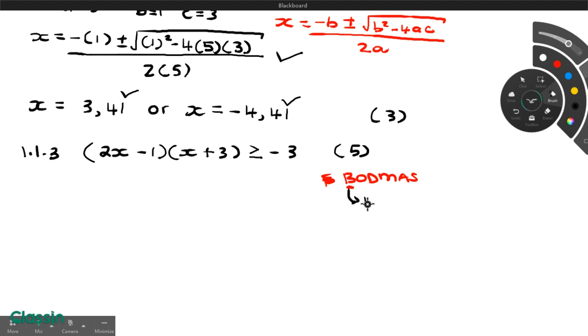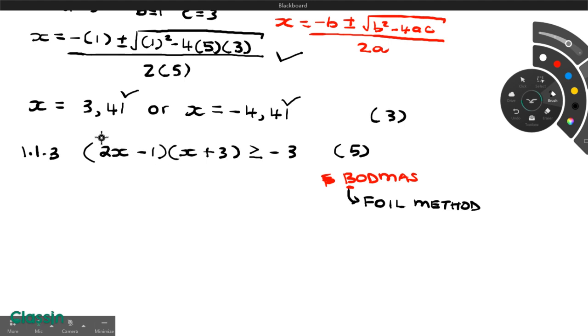How do we work out the brackets? We work out the bracket by using what we call the FOIL method. It is the first, outer, inner, last. The first in both brackets, the outer in both brackets, the inner, and the last.